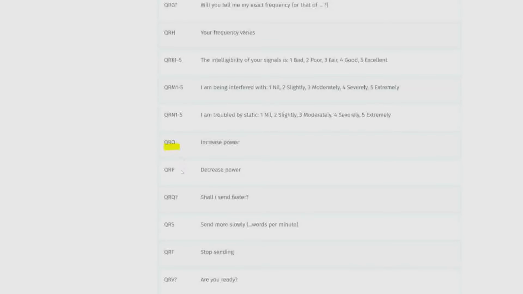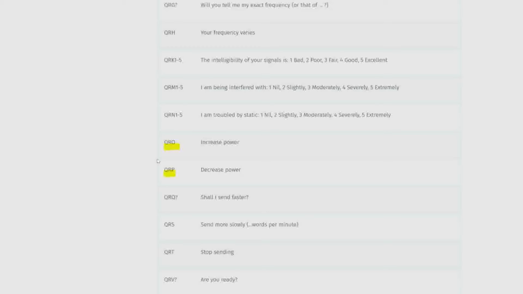QRO, it's not used, but I've seen it in exams. Increase power, please increase your power. QRP means a QRP operator is a low power station, so if you hear a station calling, this is VK2YE QRP, you know that station is using very, very low power.